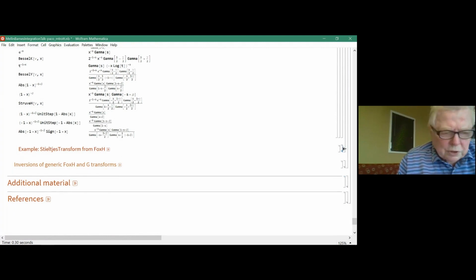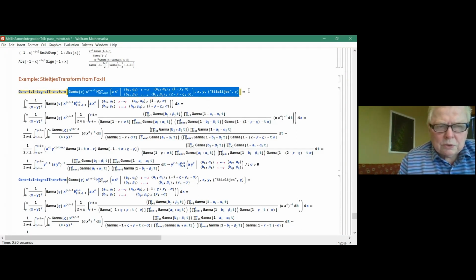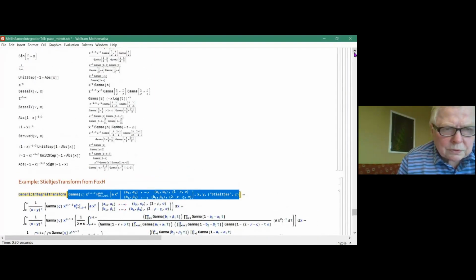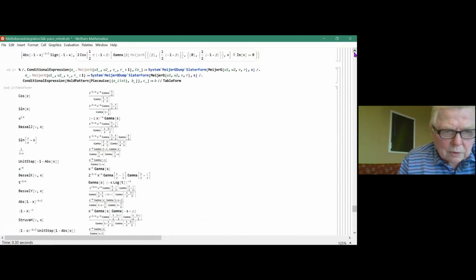And what is remarkable is that we have examples. Now, for example, here I demonstrate how to derive formula for inverse Stieltjes transform. Stieltjes transform, let me show where it is here. Stieltjes. Where is this kernel? Somewhere. This one.